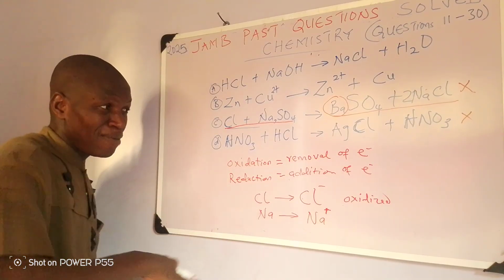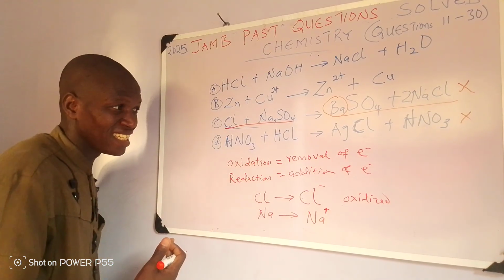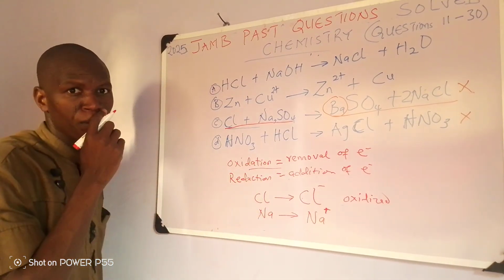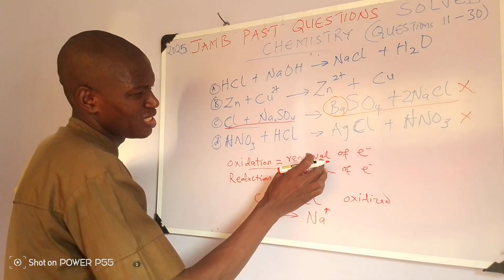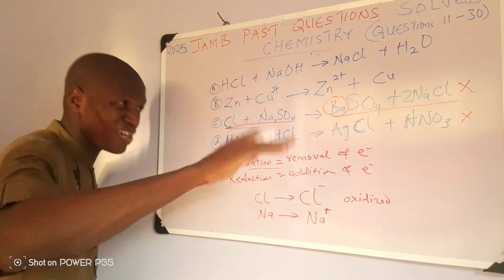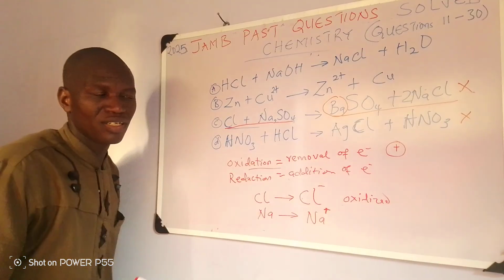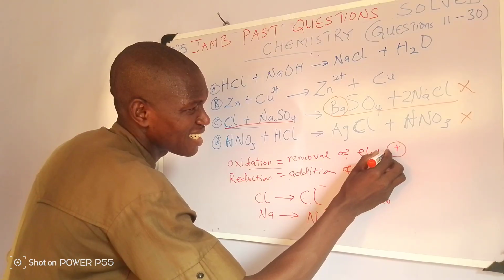Now, anytime I have donated is what? I have been oxidized. So removal of an electron, giving out, will attract a plus. Let me remove this so that you won't be confused, please. Let me replace it as an electron.